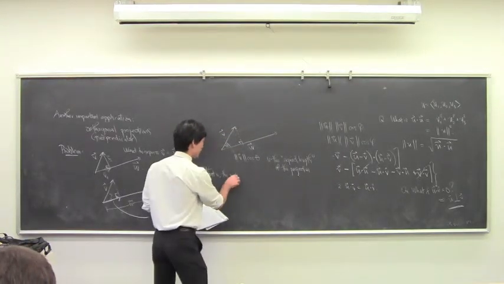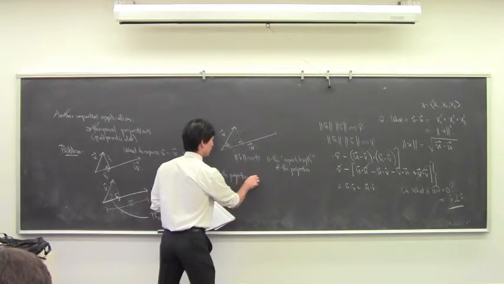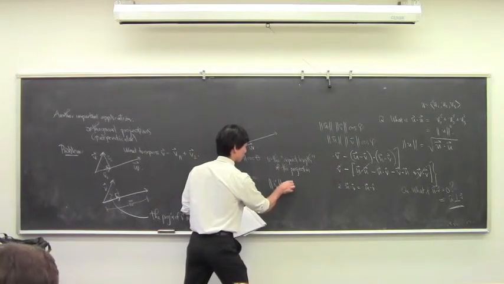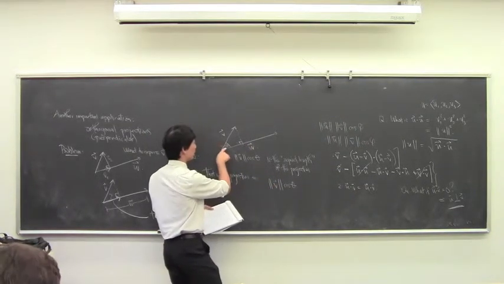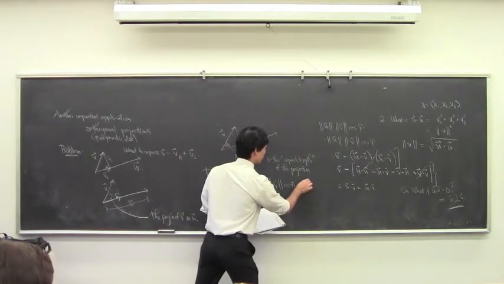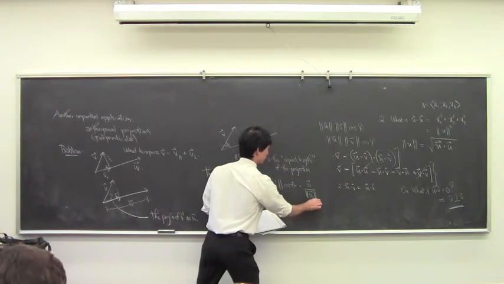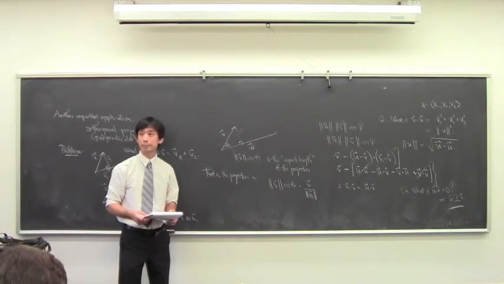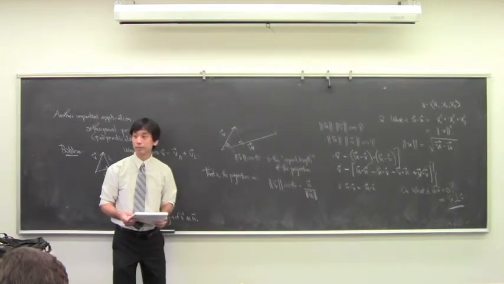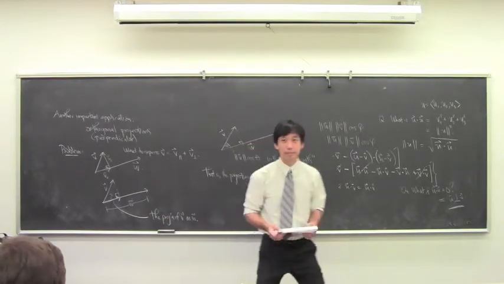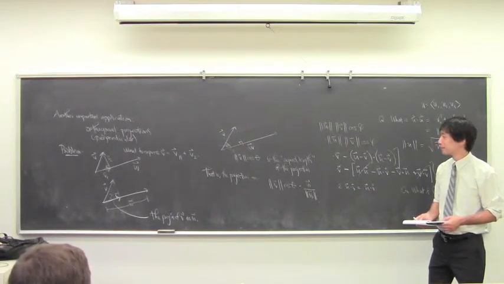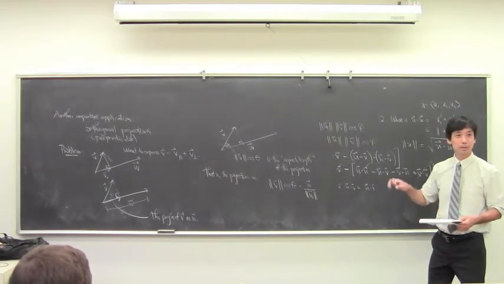The projection is going to be this signed length times the direction, so that times the direction of w. Does that make sense?